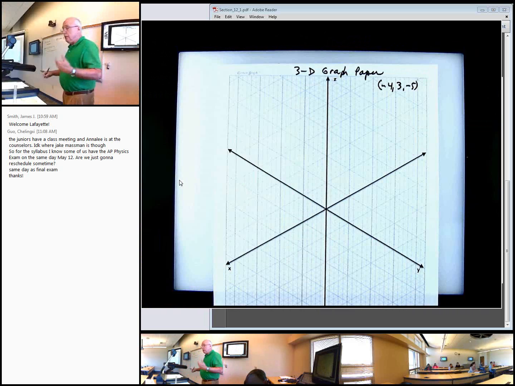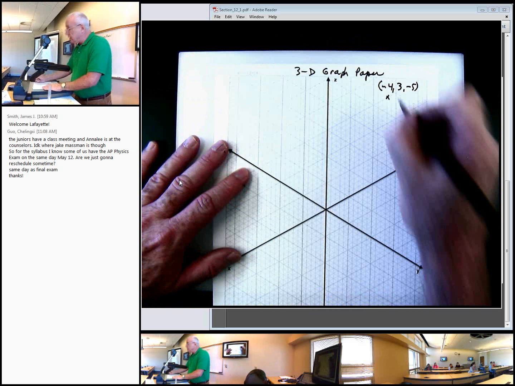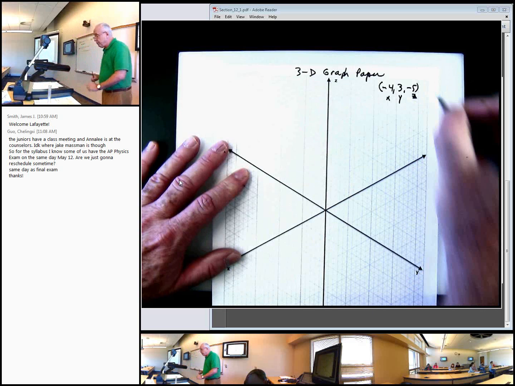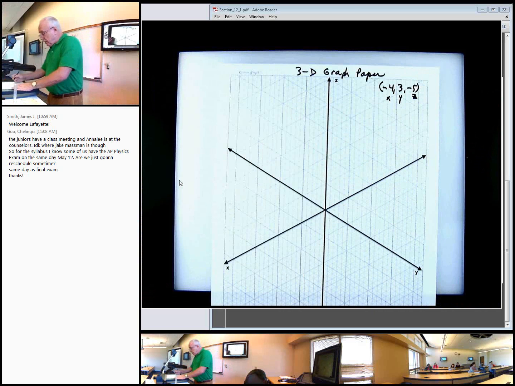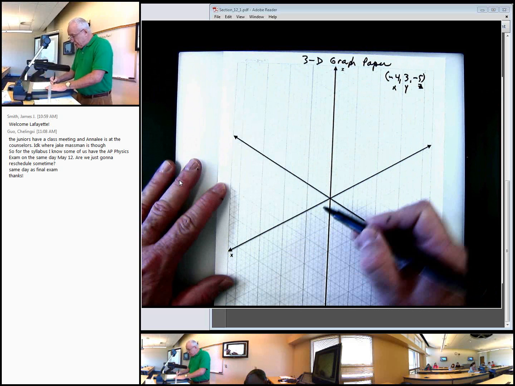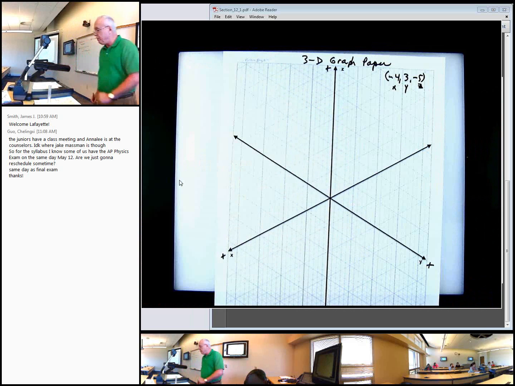Now, the first number, of course, is the X number. The second number is the Y number. The third number is the Z. So here we have our X-axis right here. This is the positive direction for X. This is positive for Y. This is positive up here for Z.